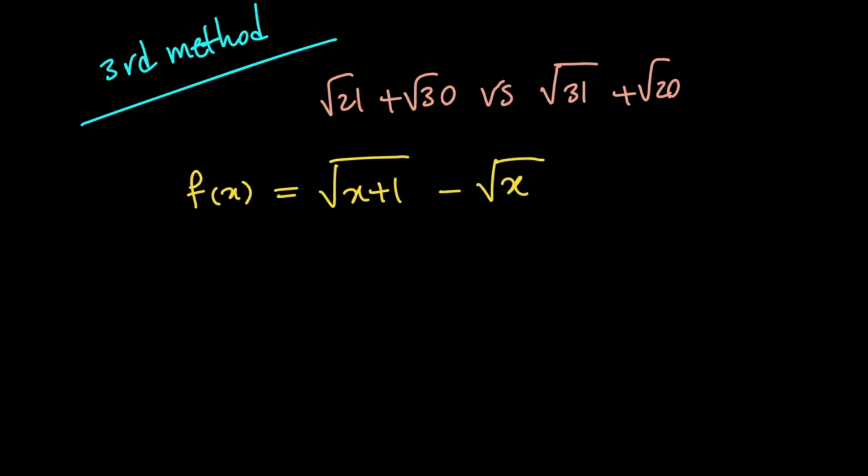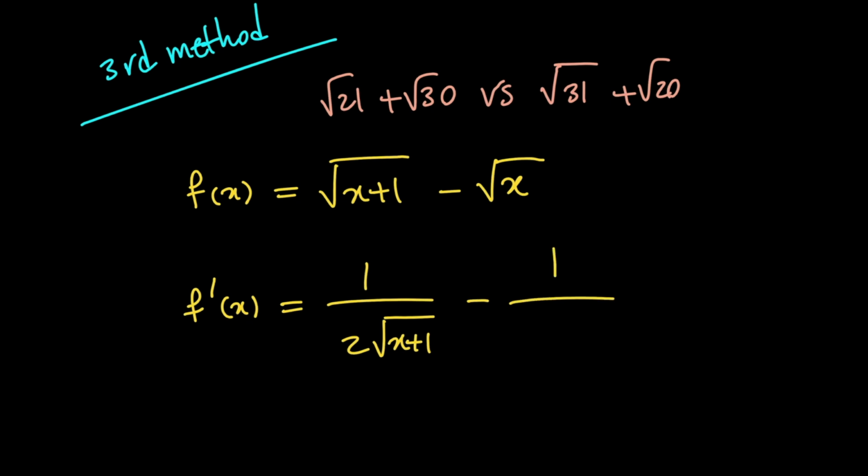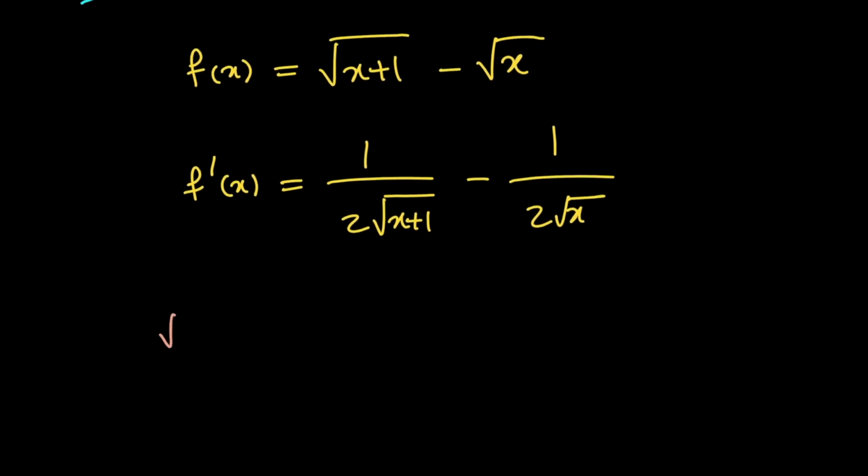So let's go ahead and find the derivative of this function because we want to use calculus, right? So f prime of x is going to be 1 over 2 times the square root of x plus 1 minus 1 over 2 times the square root of x. Great. Now notice that the square root of x plus 1 is greater than the square root of x, right?